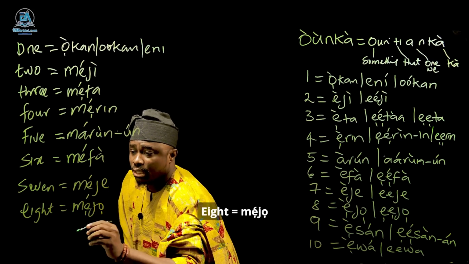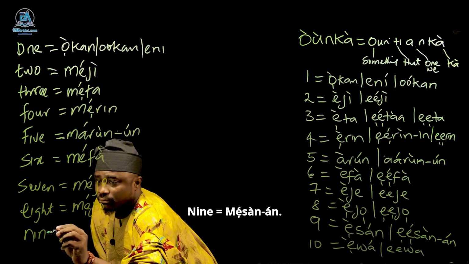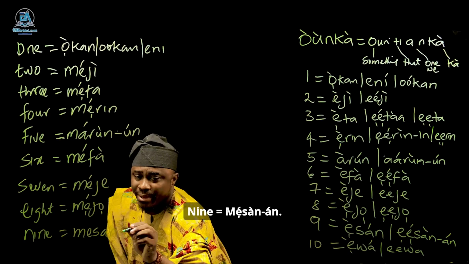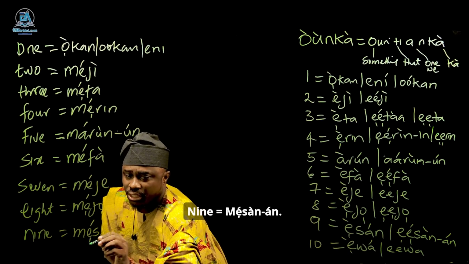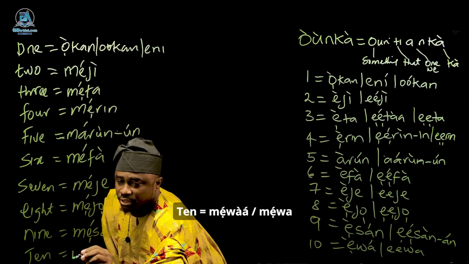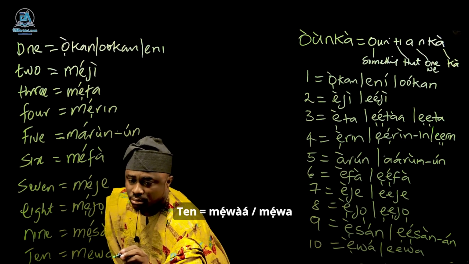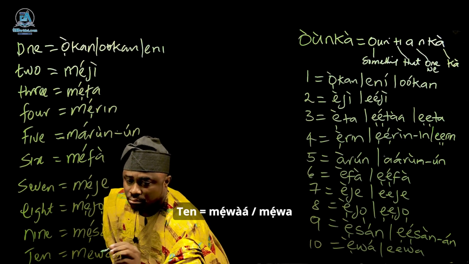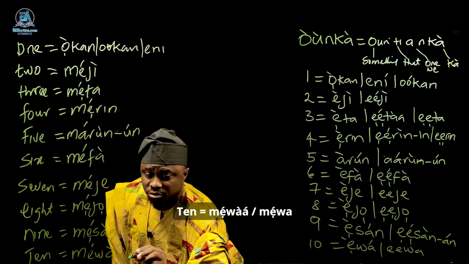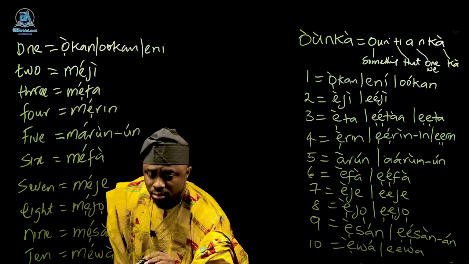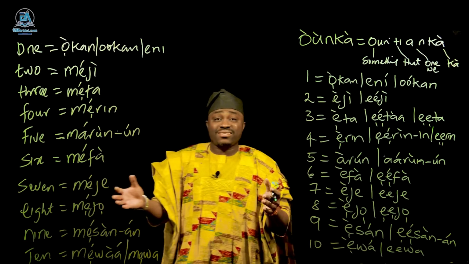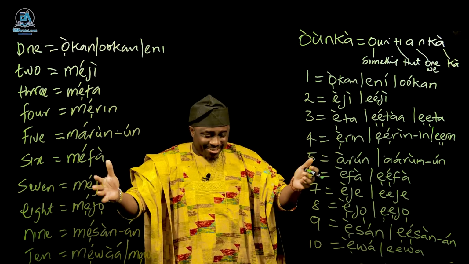Then 9 will be mẹ́sàn-án. Then 10 will be mẹ́wàá, but most of us would just say mẹ́wàá. So that's 1 to 10 in Yoruba.